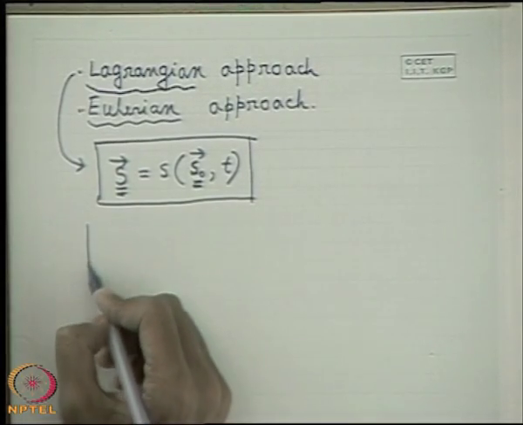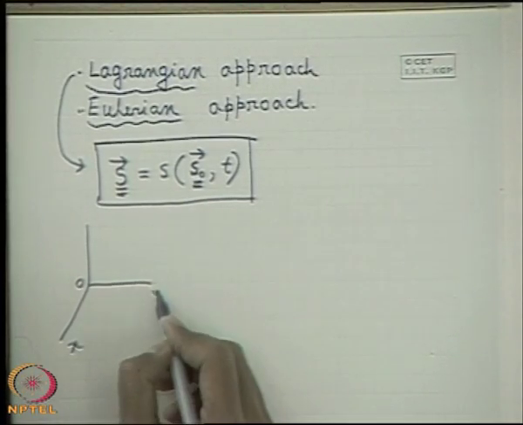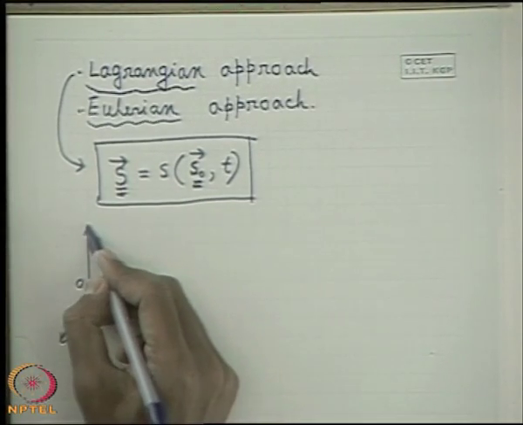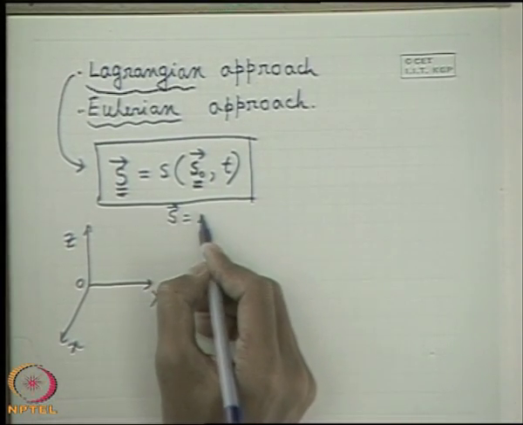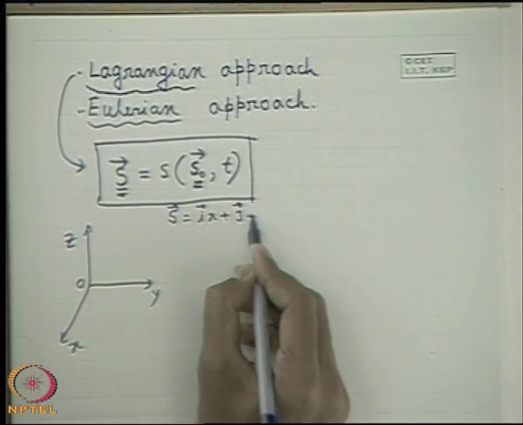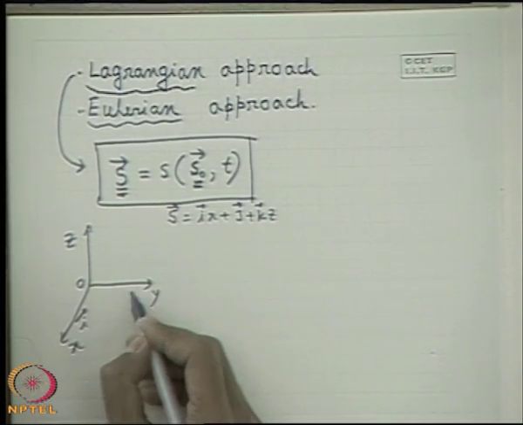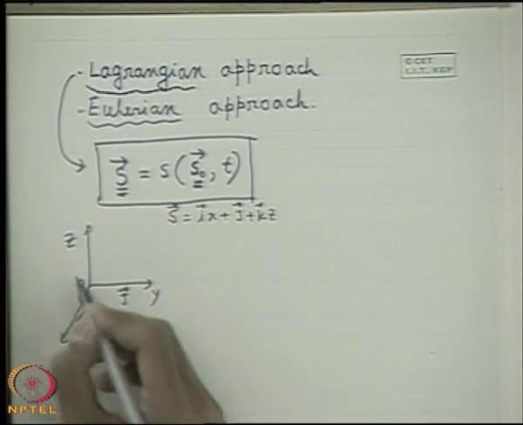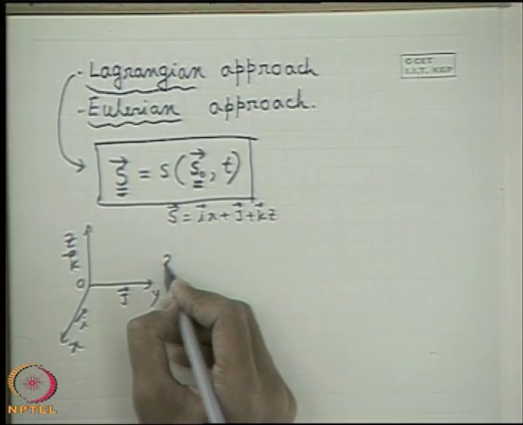For example, let us consider x, y, z coordinates, where the position vector can be written with i, j, k as the unit vectors in the x, y and z directions.